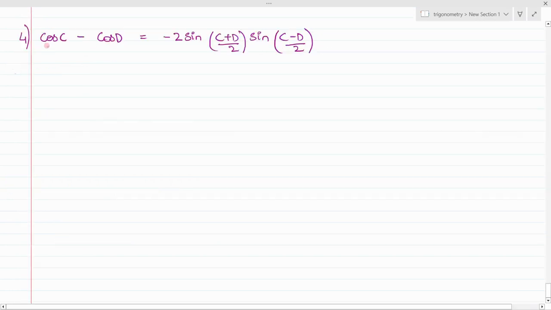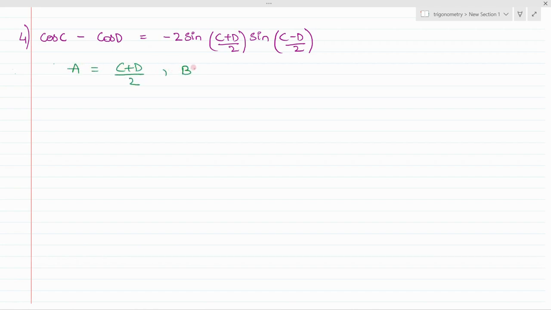The last formula, that is cos C minus cos D, which is nothing but minus 2 times sine of (C plus D) by 2 into sine of (C minus D) by 2. To prove this formula, we need the values of A and B in terms of C and D. We have already proved that A is nothing but (C plus D) by 2 and B is (C minus D) by 2.